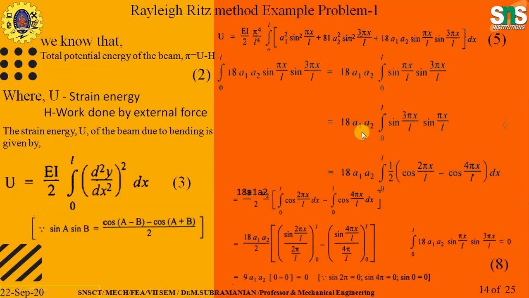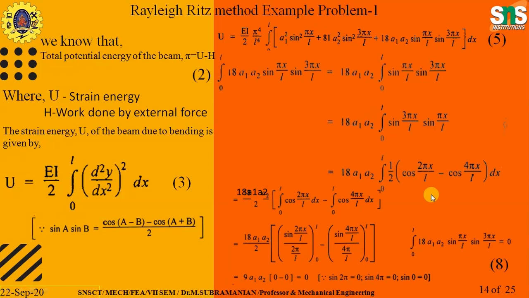So 2 a1 a2 times the integral from 0 to L of sin(3 pi x divided by L) sin(pi x divided by L). Applying the sin a sin b formula, I take 1 by 2 outside: cos(2 pi x divided by L) minus cos(4 pi x divided by L) dx.